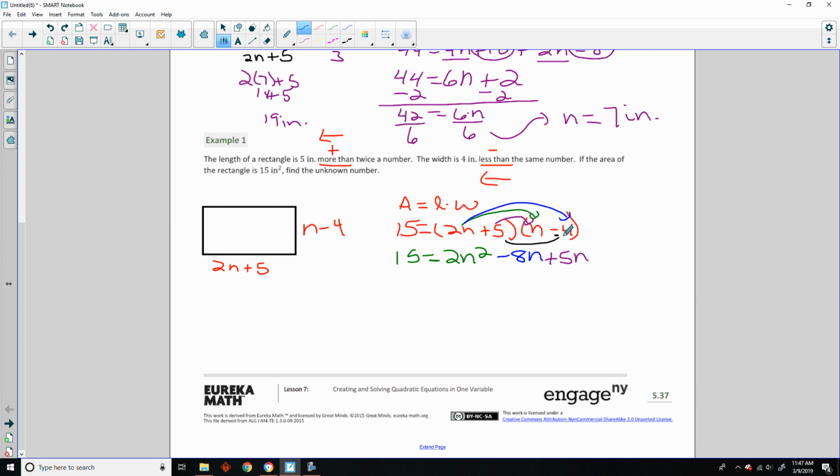And 5 times a negative 4 is negative 20. Okay. So that is going to simplify to 15 equals 2n squared, combine middle terms, negative 8n plus 5n is negative 3n minus 20. In order to solve a quadratic, we want it equal to 0. So I'm going to subtract 15 from both sides.